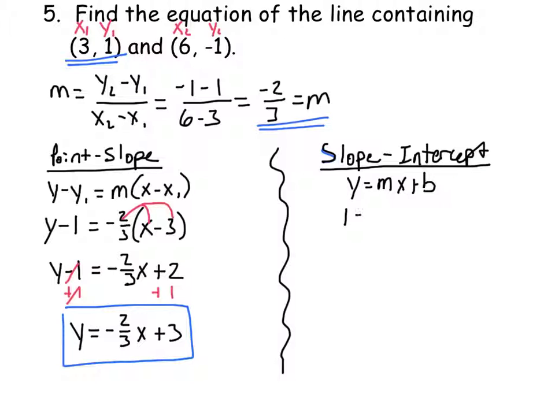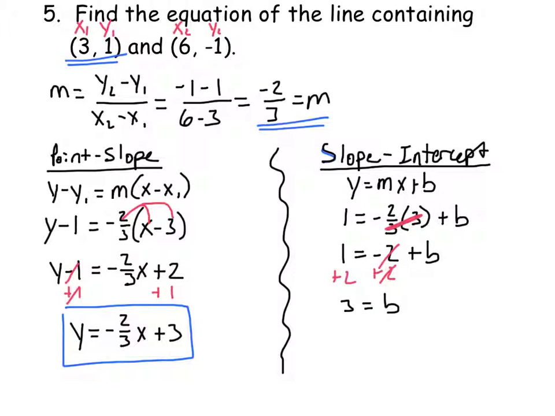So we have 1 equals -2/3 times 3 plus b. Well, -2/3 times 3, the 3's cancel, gives us just -2. So 1 equals -2 plus b. Add 2 to both sides. 3 equals b.